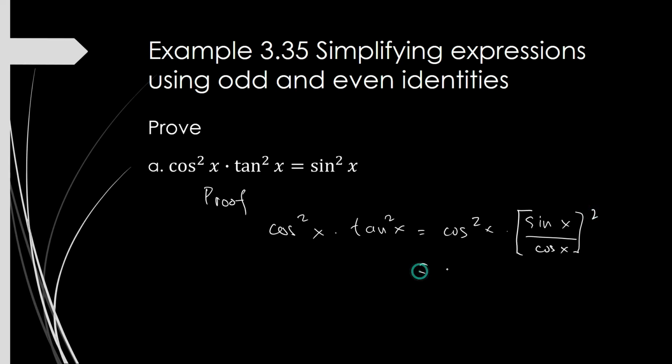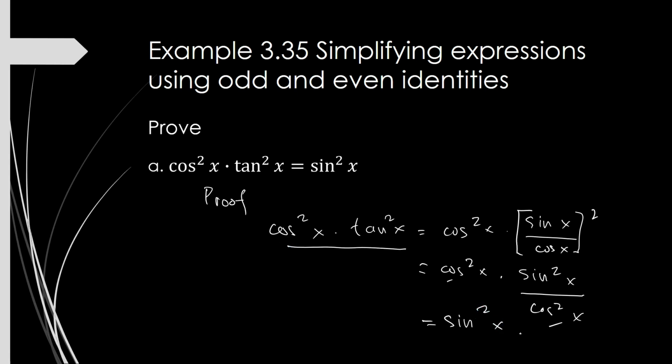And so you can write this as the square of cosine of x times the square of sine divided by the square of cosine of x. The square of cosine of x divided by the square of cosine of x is equal to 1. And so we have shown that this expression is equal to the square of sine of x.